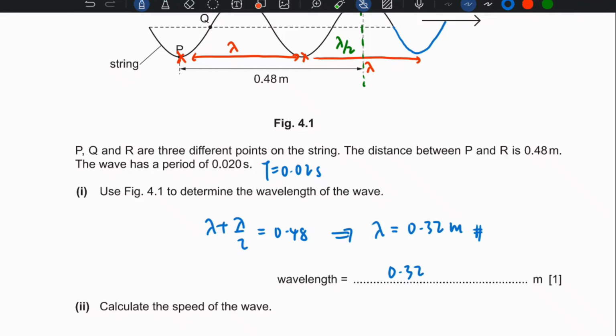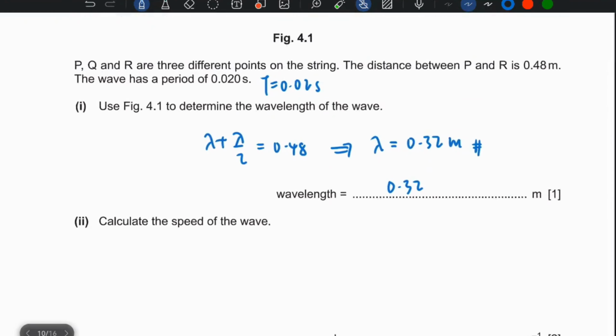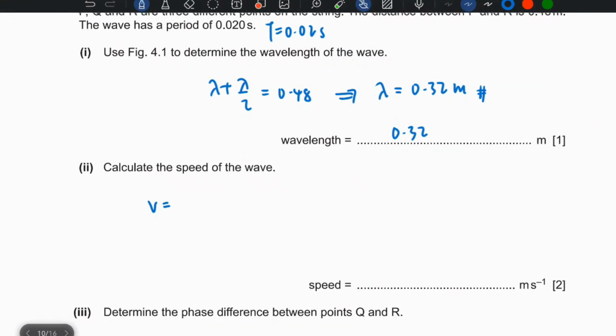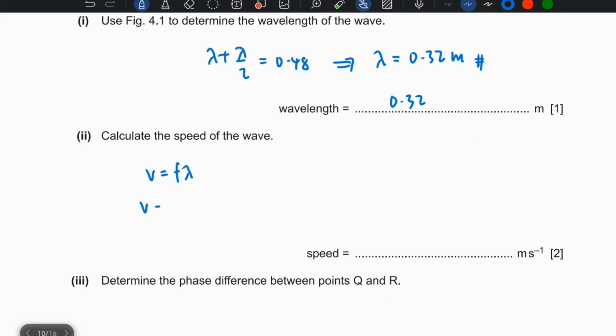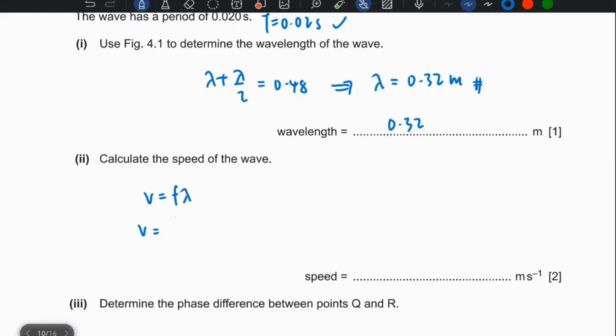Now moving on to Roman 2. Calculate the speed of the wave. We know that we have a formula v equals f lambda, right? So v equals, frequency is 1 over period, and we know period is 0.02 seconds. Therefore, we can say it's 1 over 0.02. Make sure you check your unit, okay?